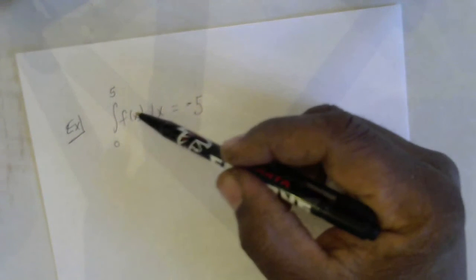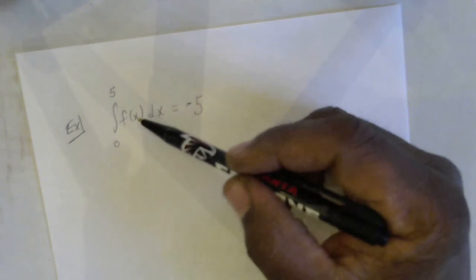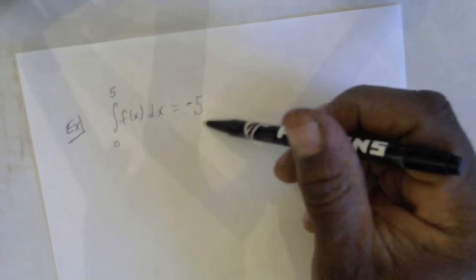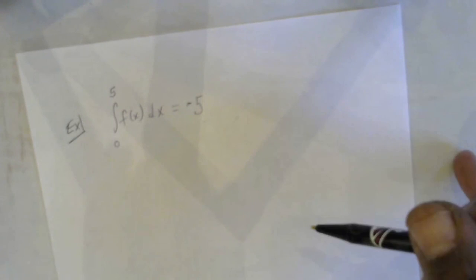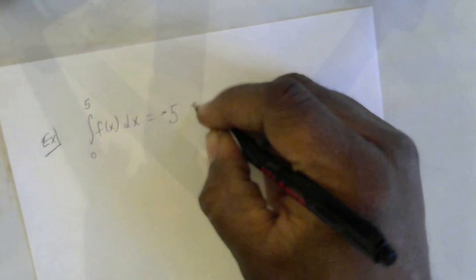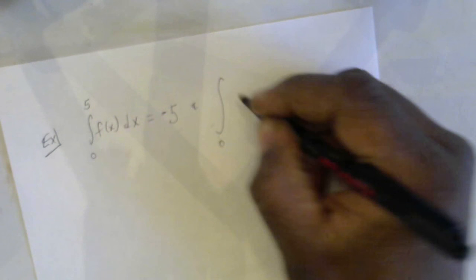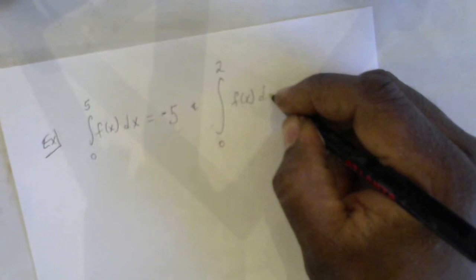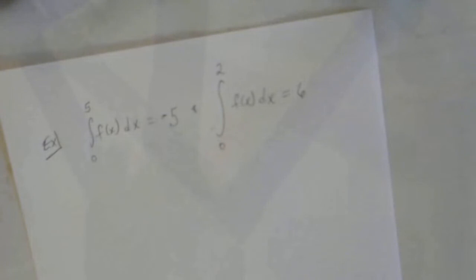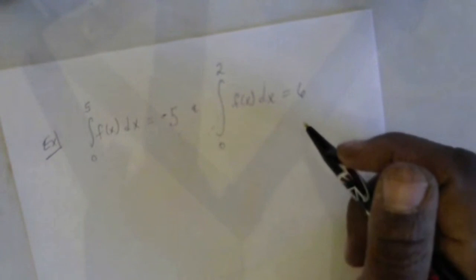It's not giving me what my function is per se, but I'm given the lower limit, which is 0, the upper limit, which is 5, and also that area, which is -5. And the integral from 0 to 2 for f of x dx should equal 6. So these are two facts that I'm given.